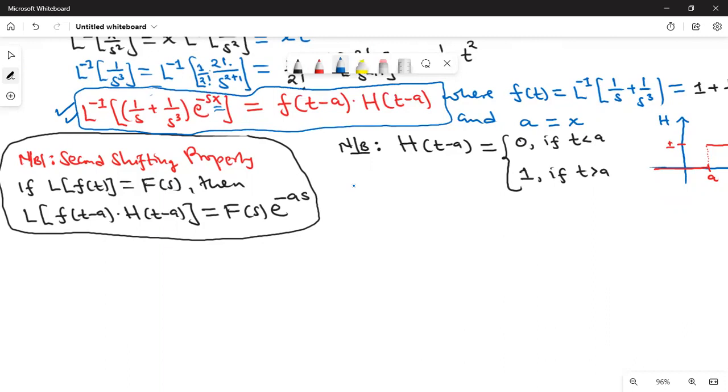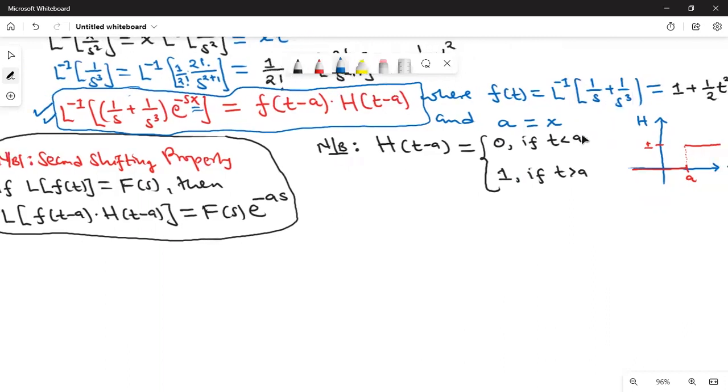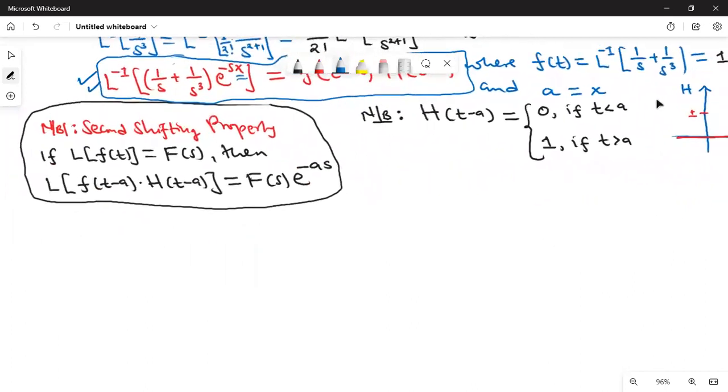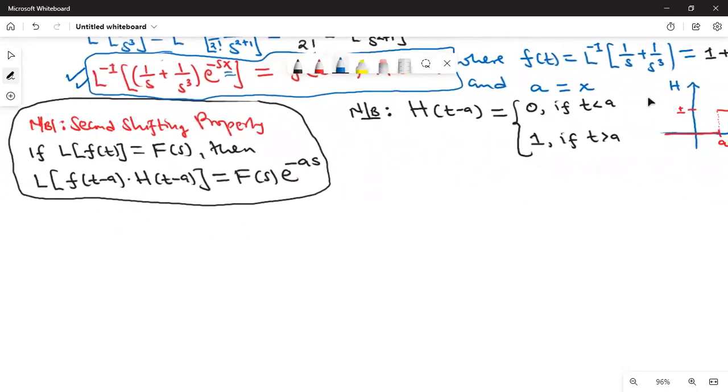I know f of t to be 1 plus half t squared. So, based on that, we can now get f of t minus a. f of t minus a is the same as f of t minus x, because our a is x.